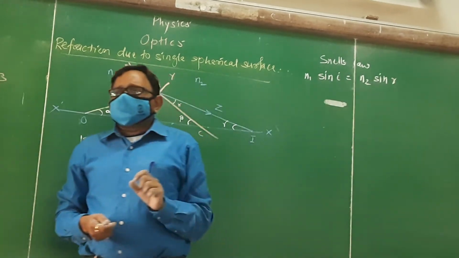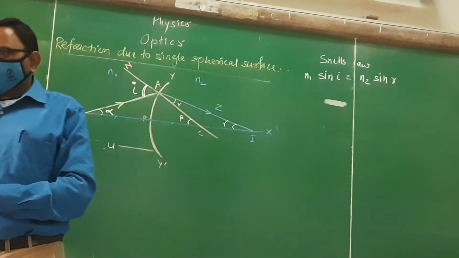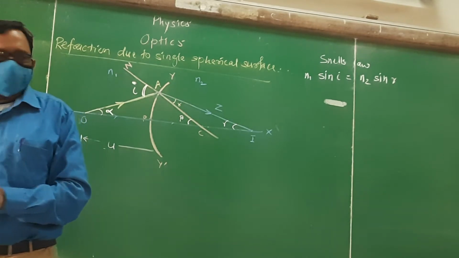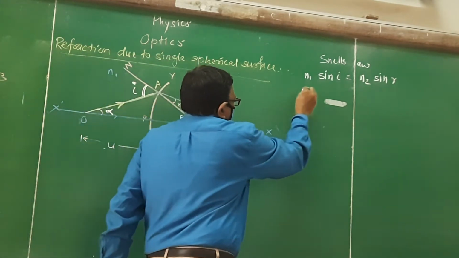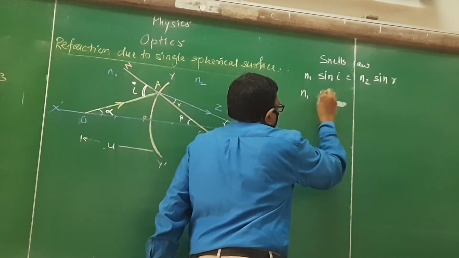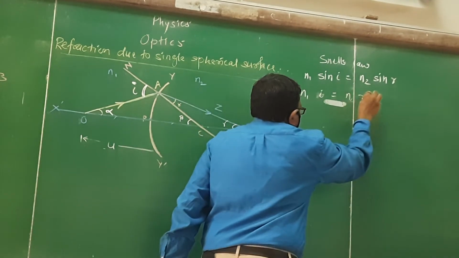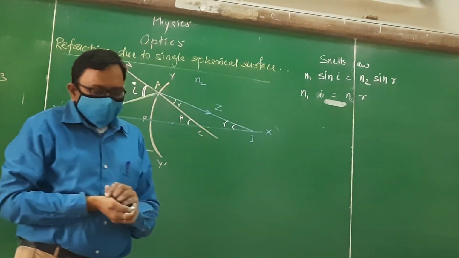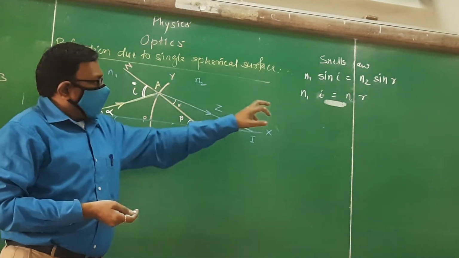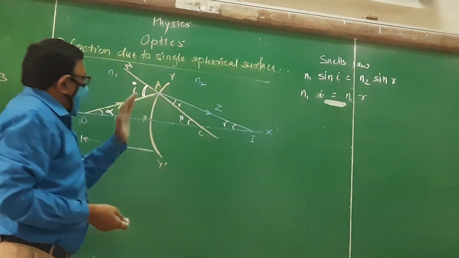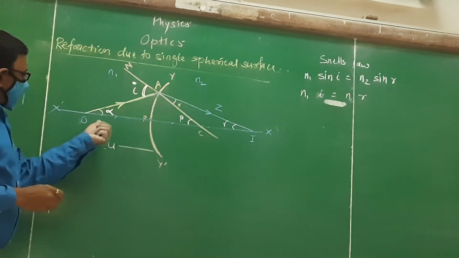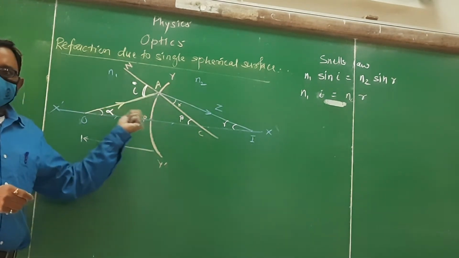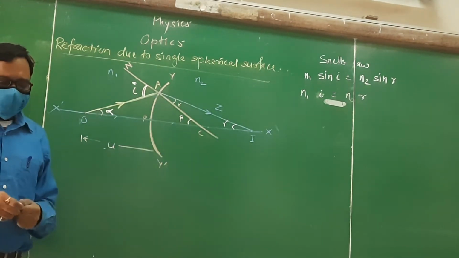Now if we consider these angles are small, then we write n1 I is equal to n2 R. Now from this diagram we have to determine the values of the angles alpha, beta and gamma.